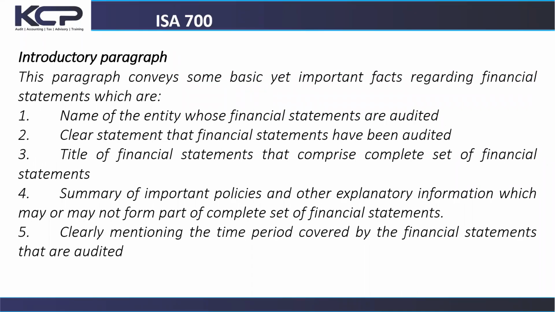This paragraph conveys some basic yet important facts regarding the financial statements, which are: one, the name of the entity whose financial statements are audited; two, a clear statement that the financial statements have been audited; three, the title of each financial statement that comprises the complete set of financial statements; four, a summary of important policies and other explanatory information which may or may not form part of the complete set of financial statements; five, clearly mentioning the time period covered by the financial statements that are being audited.